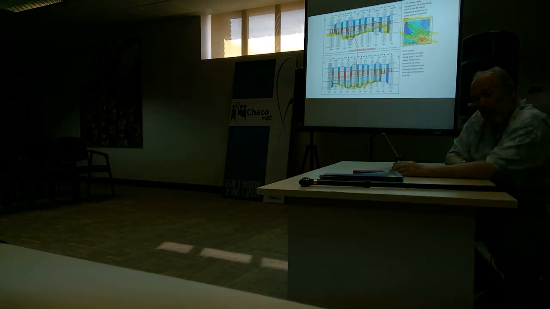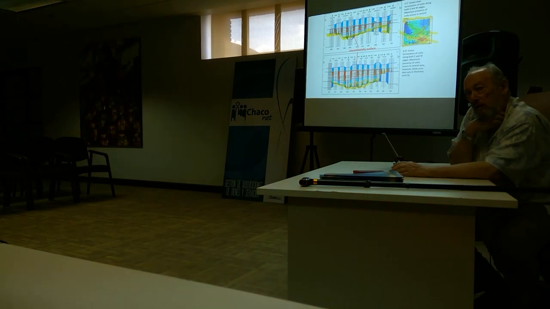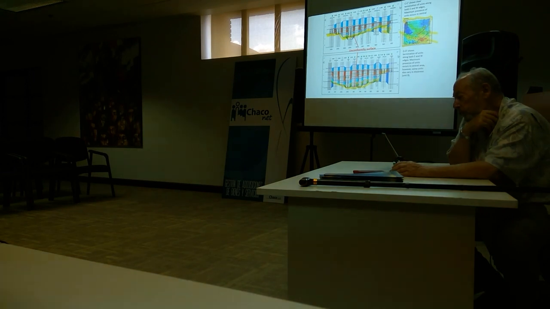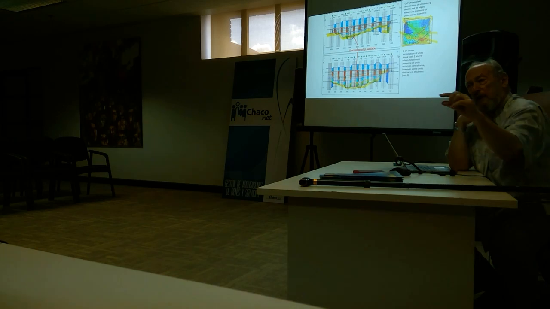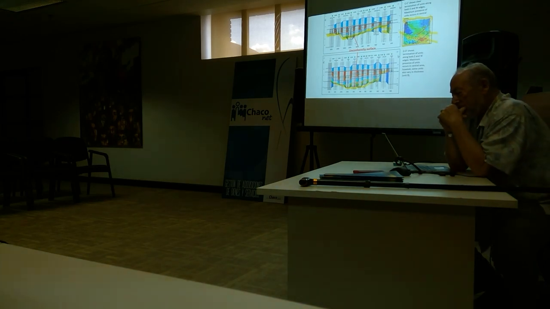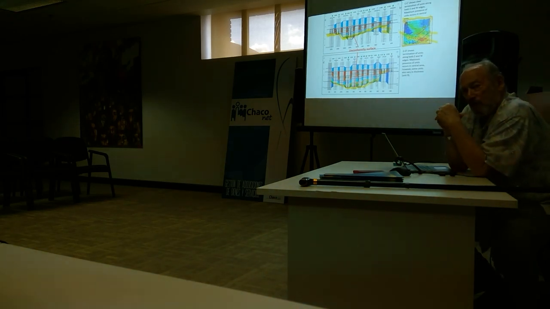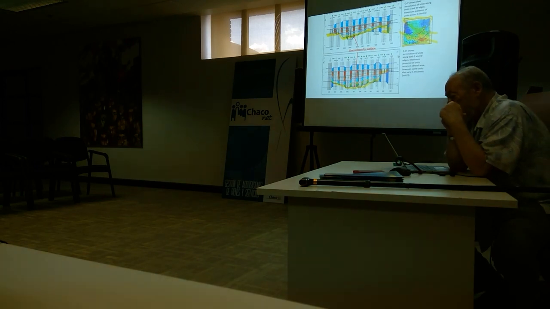So that's what all these different colors are. These different colors represent different strata with different properties. So it's not a uniform black shale. It's quite complex stratigraphically.